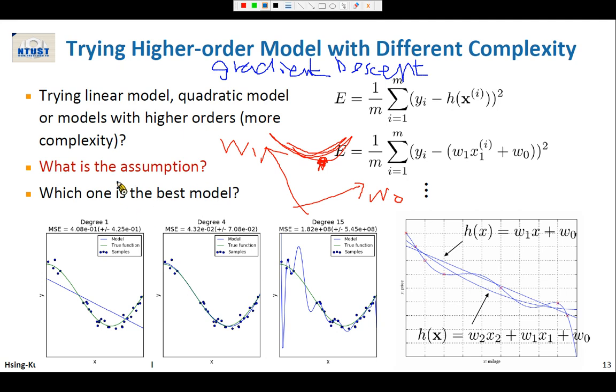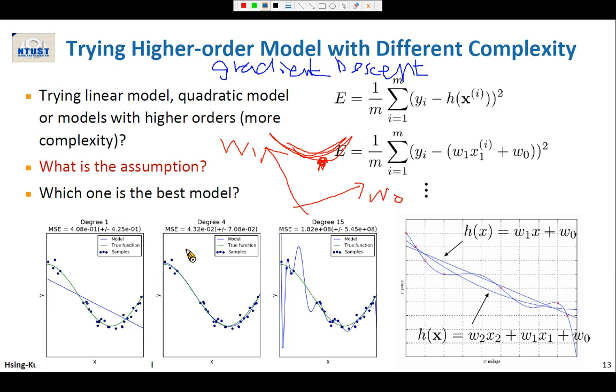Again, we have to remind ourselves of the assumption. The assumption is something we decide before we try any kind of parameter estimation or search for the best model. What is the assumption? Here it could be linear, could be degree 4, whatever.